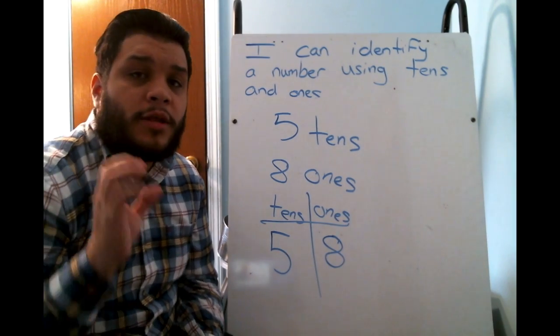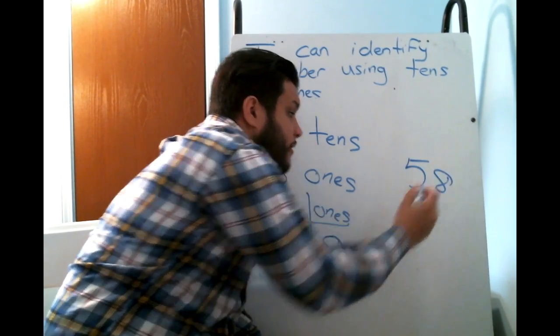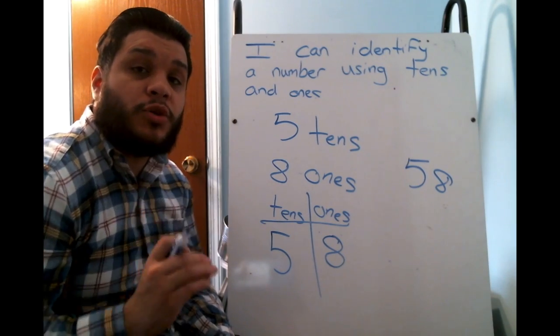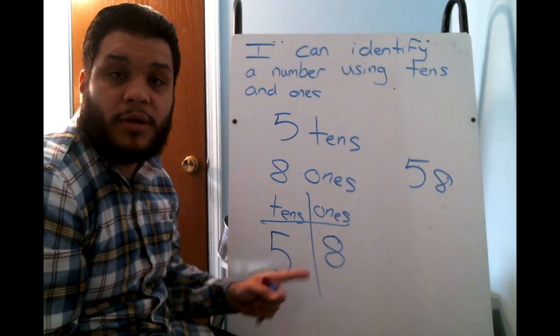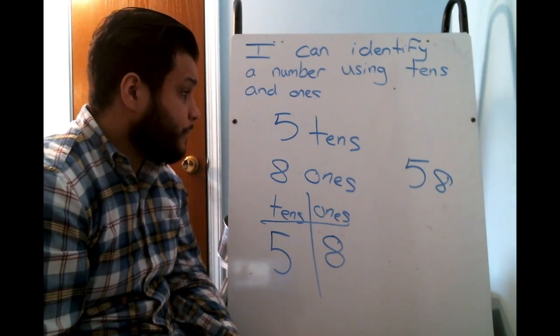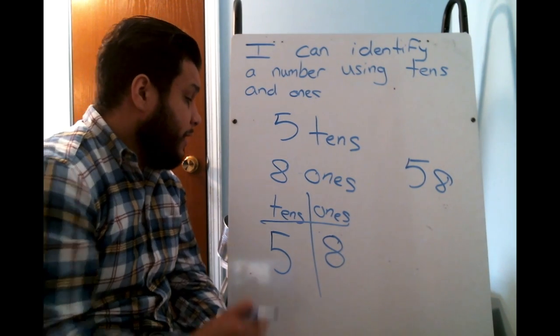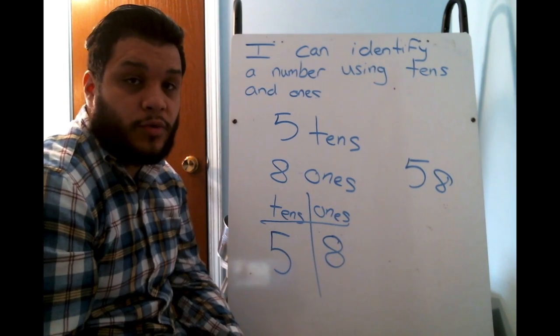So, whether you have the number written out for you already, or you have the expanded form, as long as you plug in the number in its correct place value, you'll be able to identify what number we are talking about. When you go to do your work in Google Classroom today, if it helps you to draw out your tens and your ones to find your number, you can do that.